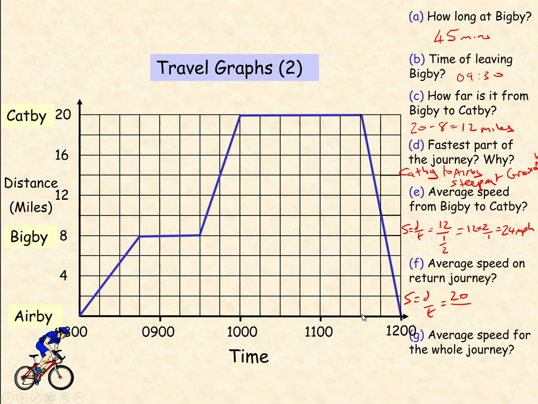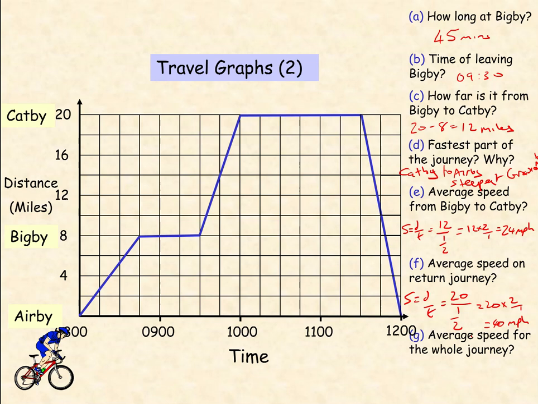So they set off at 11:30, got there at 12:00, so 30 minutes. Again, 30 minutes is half an hour, so 1 over 2. And so that's going to be 20 times 2 over 1, which is 40 mph. That's 40 mph. Good.